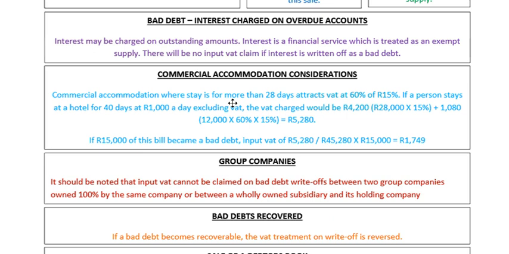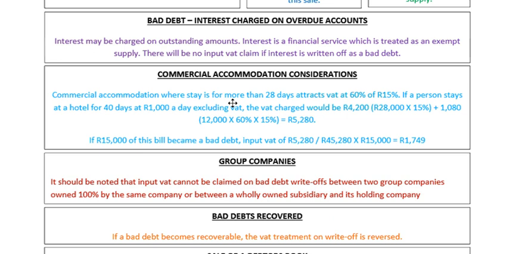Then there's a little block there with group companies with the maroon writing in it. Let me explain why there's a block there for group companies. Earlier on, when we said creditors that are more than 12 months old, we're supposed to reverse out the VAT if you haven't paid it within 12 months. We said there for group companies, we don't need to reverse it out if it's in a group company.